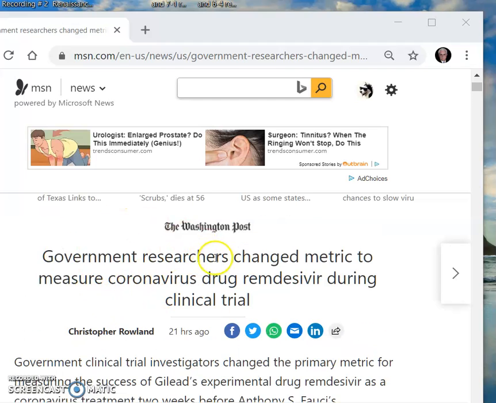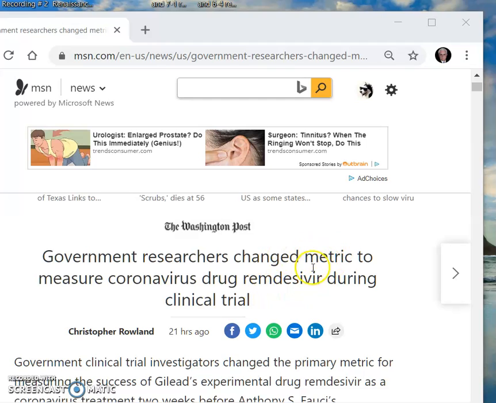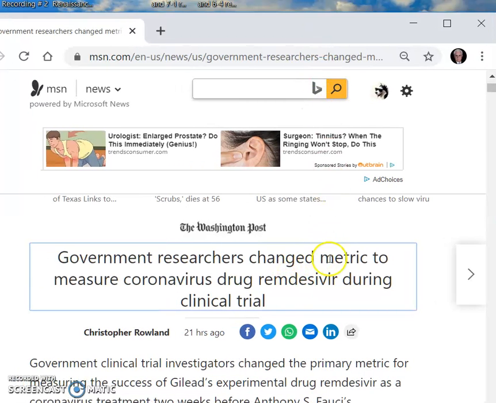The headline here is that the government researchers changed the metric to measure coronavirus drug remdesivir, I'm not sure how to pronounce that, during a clinical trial. So a metric is, in math, it just means some way that you are measuring something. So what they're saying is that the thing that we were measuring changed during the clinical trial.